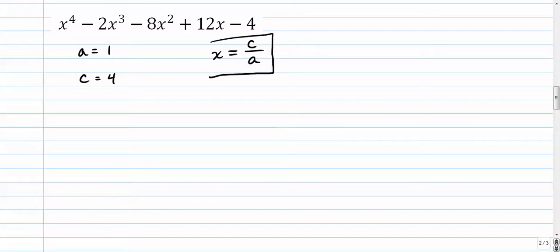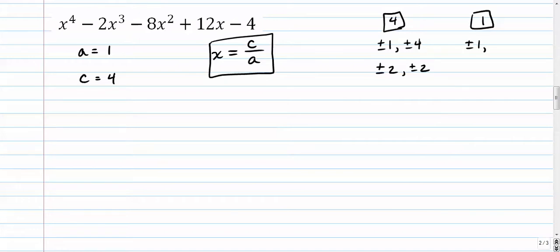Really simple, where c is the positive and negative factors of 4, and a is the positive and negative factors of 1.